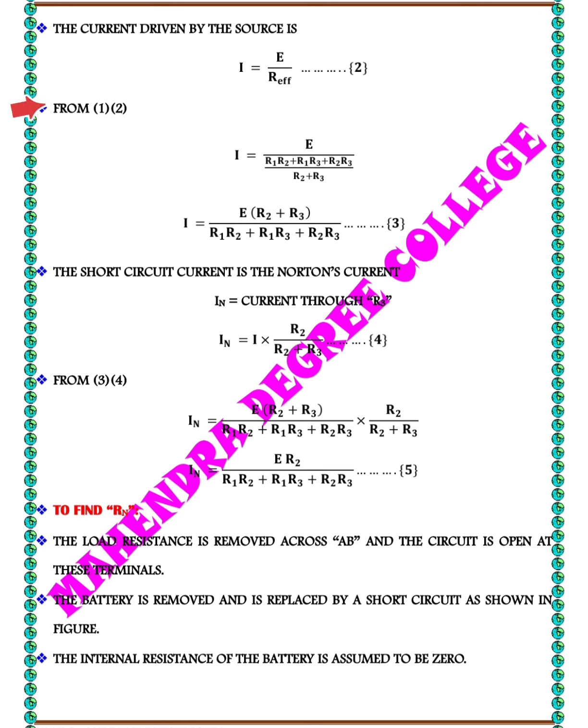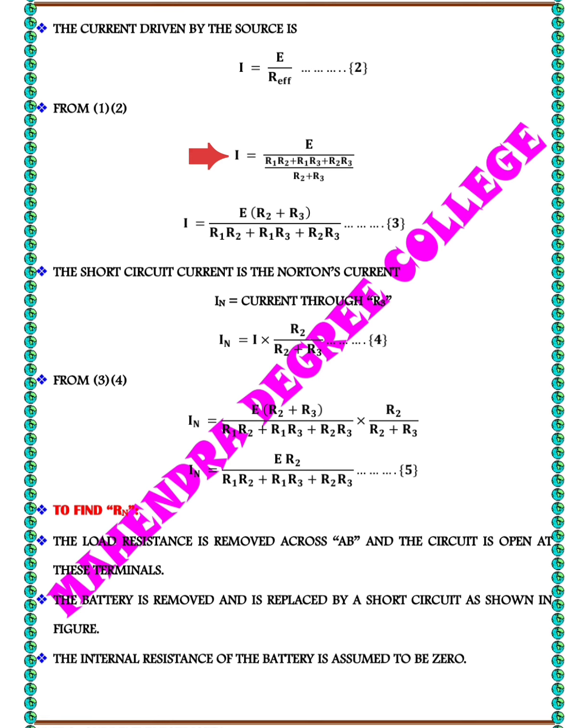From 1 and 2, substitute the effective resistance value in equation number 2. So, I equals E by (R1 R2 plus R1 R3 plus R2 R3) whole by (R2 plus R3).